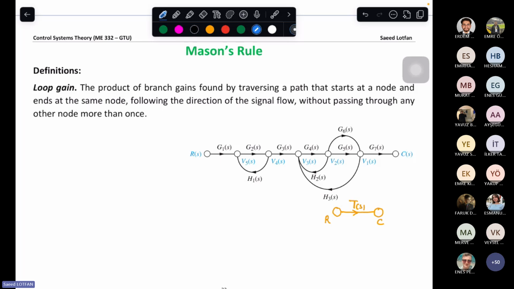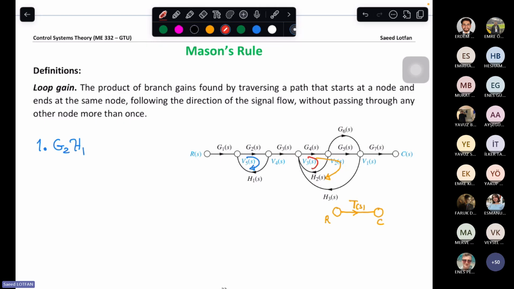First, find the loop gains. What are loop gains? The product of branch gains found by traversing a path that starts at a node and ends at the same node, following the direction of the signal flow without passing through any other node more than once. For example, here we have a loop. So loop gain 1 is G2 H1.